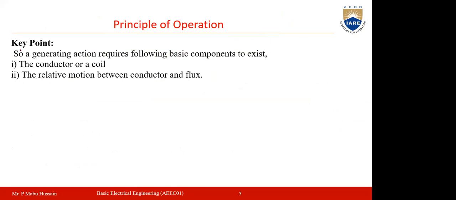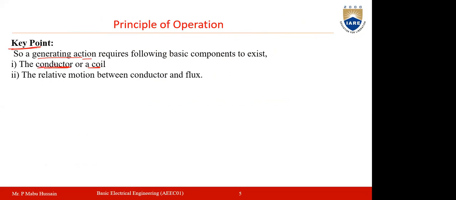So you have to remember the key point here always. For generating action, that means for the EMF to be induced, what is required? What are the basic components we must have?